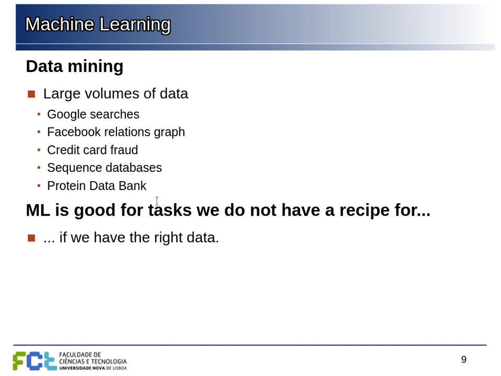And it's especially good when we do not have the recipe to solve the problem. So if we have the right data, we can, instead of figuring out what the algorithm is, just give the data to the machine learning algorithm, and it will instantiate a specific algorithm to solve our problem.